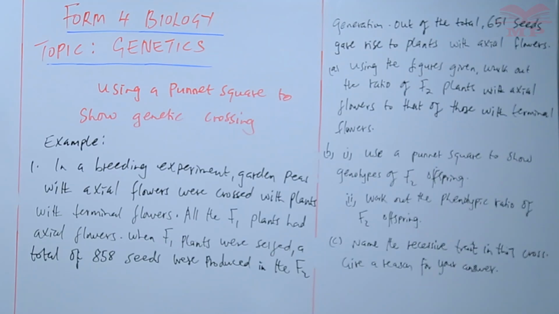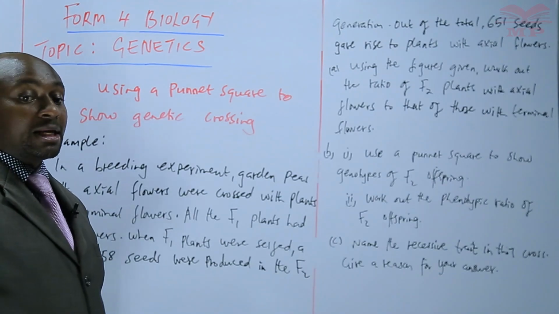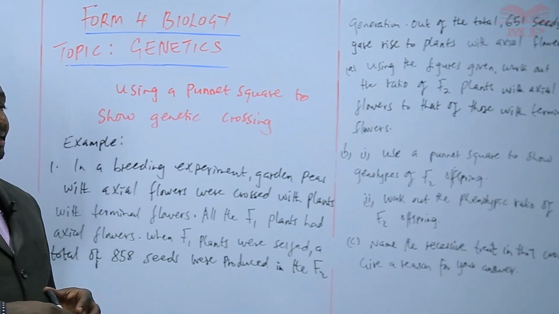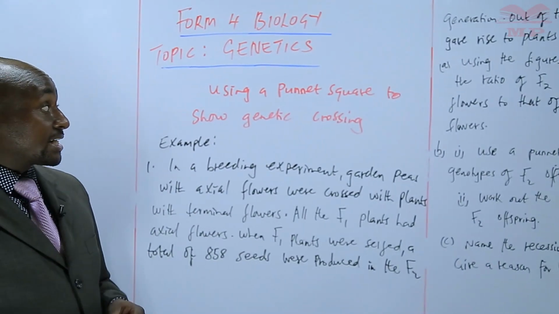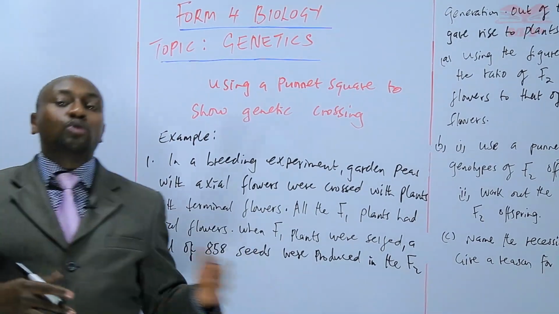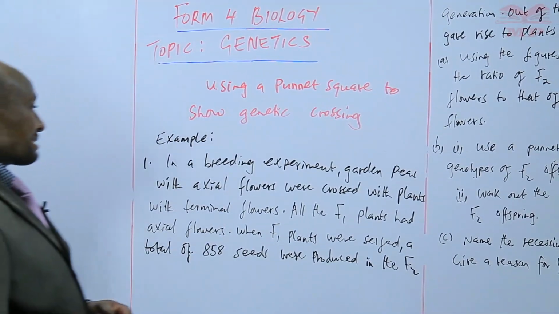It's a very long question, and these are some of the kind of questions that you expect in a Paper 2 setup, where you are given a certain case study, and then you are expected to determine the outcome of that particular case.